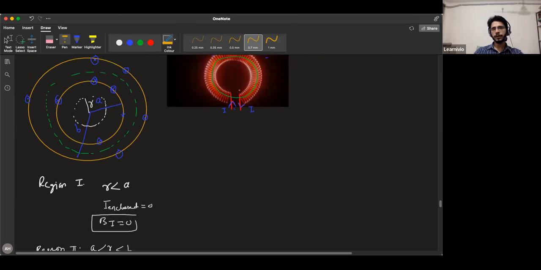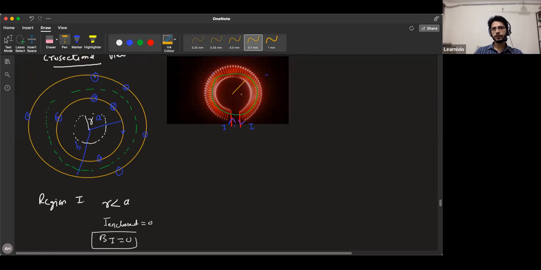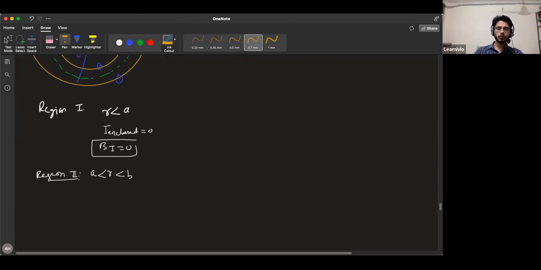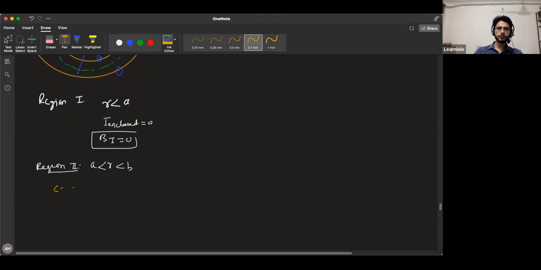Less than B. It's greater than A and less than B. So we take an Amperian loop of radius R.